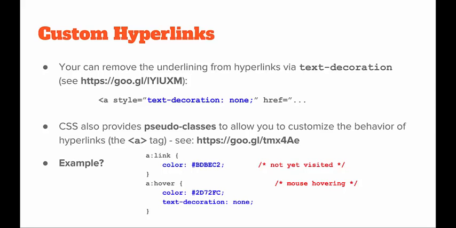These allow you to get a little more specific about how, for example, a hyperlink will work in different situations. For example, you can change the color of a hyperlink when it has not been visited. You can change things like the color and the underlining of a hyperlink when you move your mouse over it. The example shown here demonstrates that.